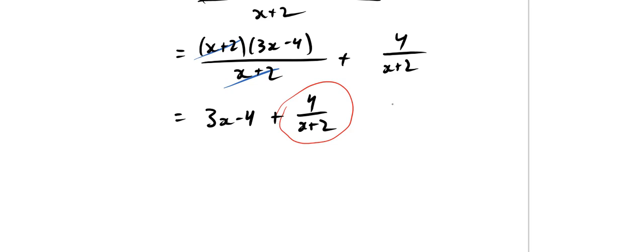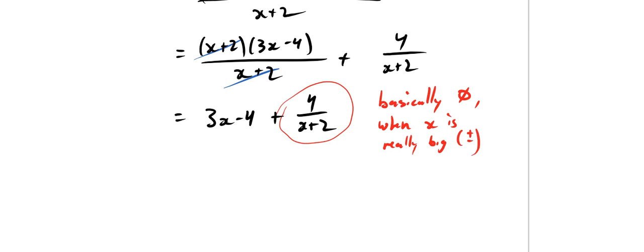So, basically, 0 when x is really big or small, like negative. Really big, plus minus. And then this is our oblique asymptote. Any questions?